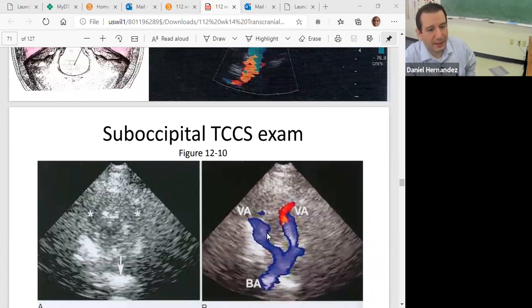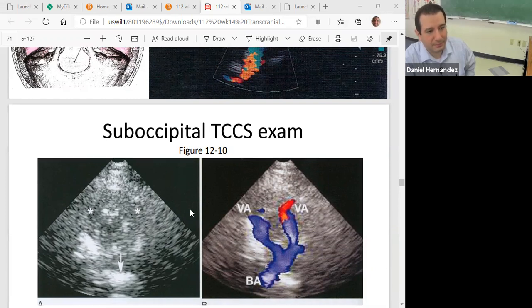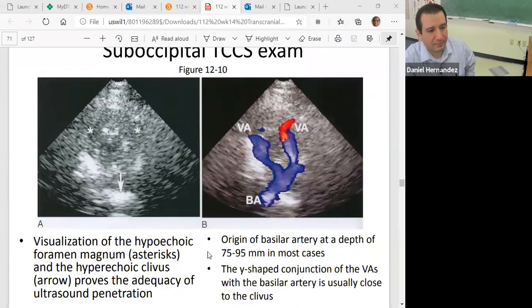So here you can see that hypoechoic foramen magnum. It's here by the asterisk. That's going to be your landmark that you're using to try and image the vertebral arteries and the basilar artery. Visualization of the hypoechoic foramen magnum, marked by the asterisk, proves the adequacy of the ultrasound penetration.